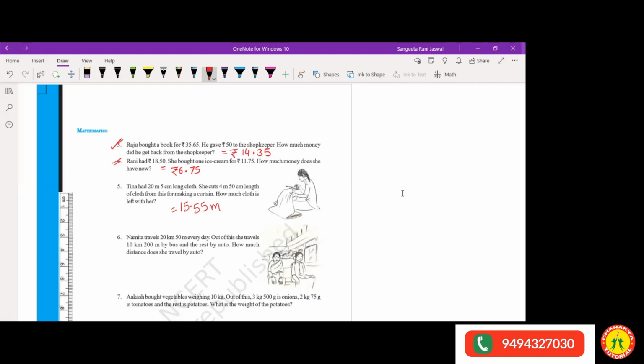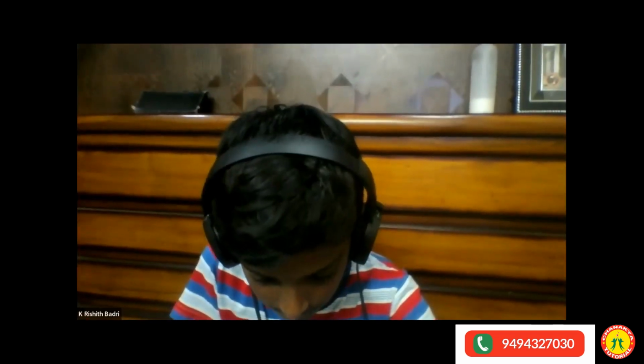If we do subtraction between each one, the answer will be... Mom, is it 1.555? 50 minus 20, 500 minus 20. I'm left. Yes, I know. What did I do?